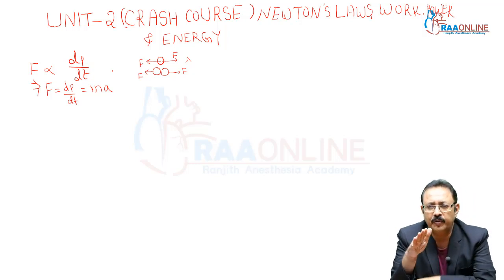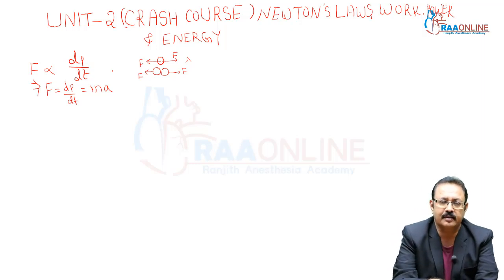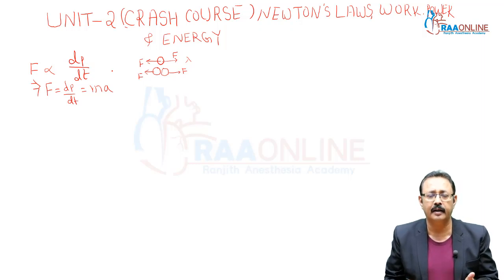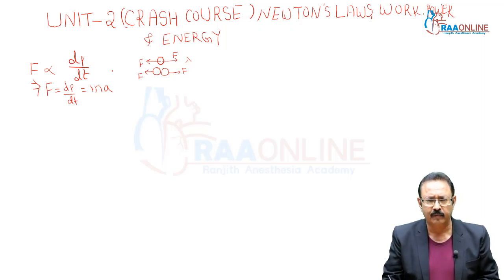What will you do? You will tilt your vehicle a little and you will free one part of the reaction force from earth. This will provide you centripetal force. Getting my point? We will discuss all these concepts in detail in theory. So that was the role of Newton's third law.